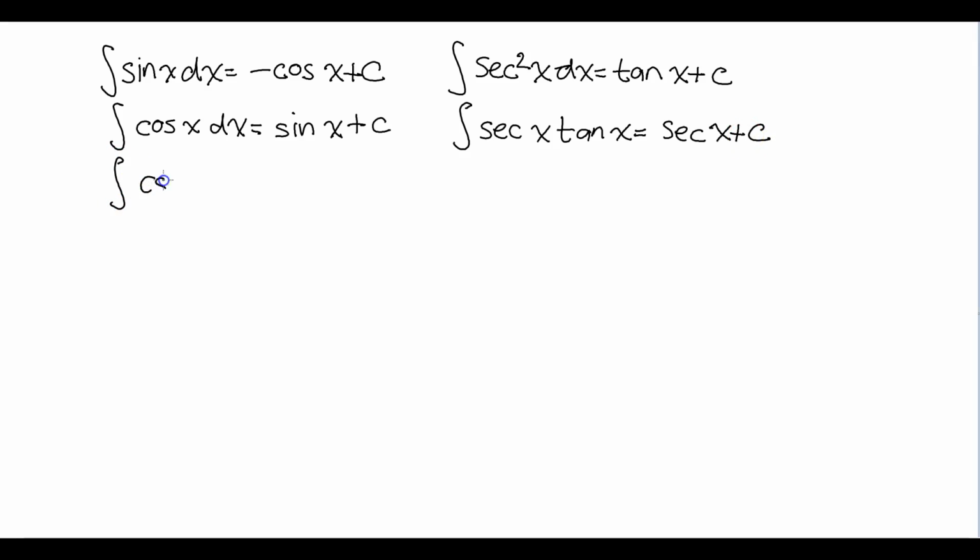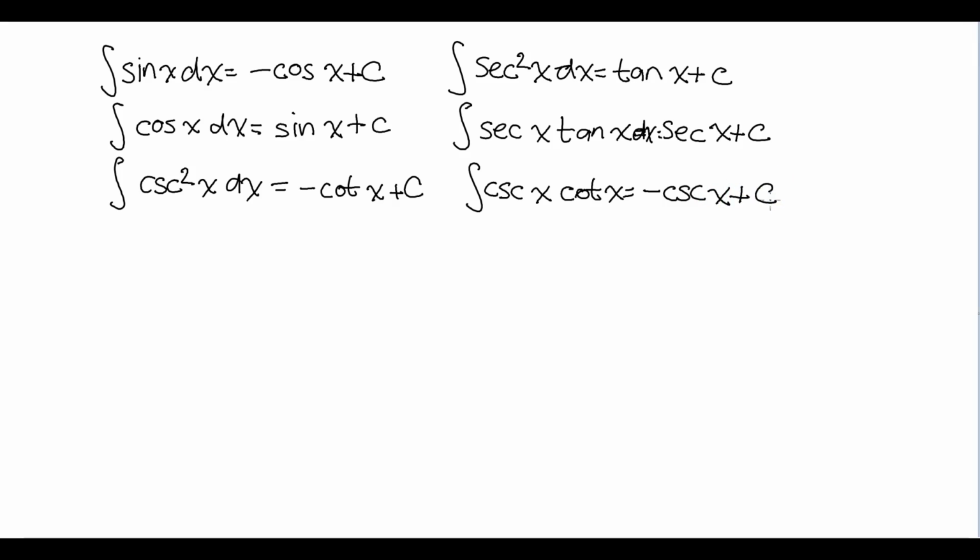The integral of cosecant squared of x dx equals negative cotangent of x plus c. And the integral of cosecant of x times cotangent of x equals negative cosecant of x plus c.